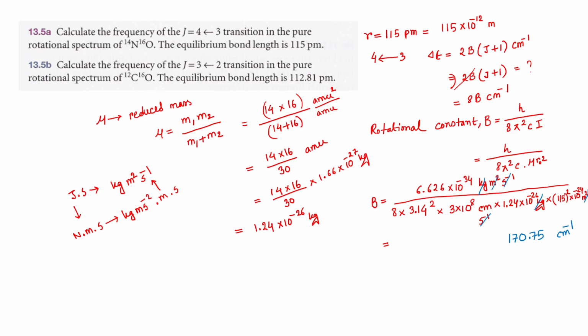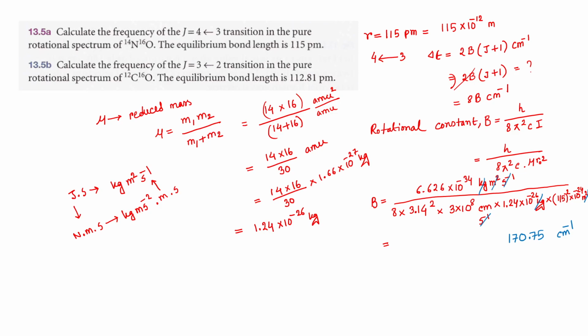Minus 34 and 10 to the power minus 26, that will become 10 to the power minus 8, 10 to the minus 8, it will become 10 to the power minus 16, and there it is to the minus 24, it will become 10 to the power 8.